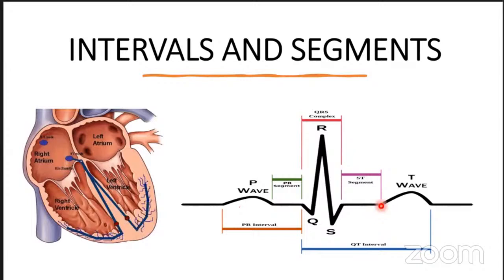So when I see ST segment elevation on the NCLEX, I'm already suspecting a myocardial infarction in my patient. So there could be a total blockage of a coronary artery. That's why the ST segment is no longer flat. It is now elevated. You could also see it depressed. So instead of going up, you see it going down below the isoelectric line. We say the ST segment is depressed.